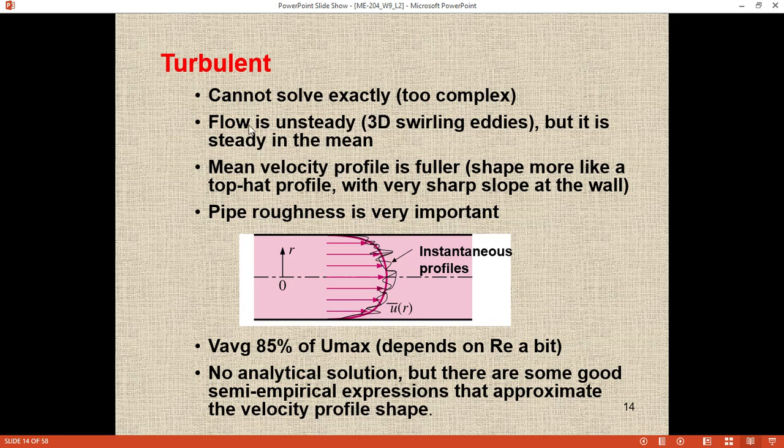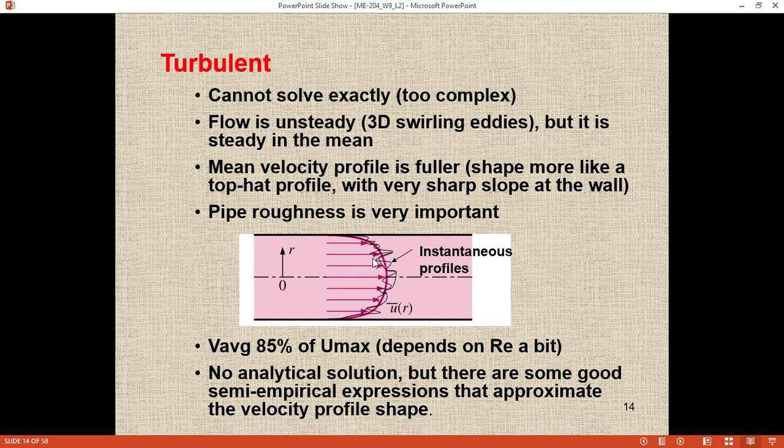So we cannot solve it exactly, it is too complex because the profile is not constant, so we don't know the exact profile of the turbulent flow. So we do not have a proper solution or proper equation to apply, so it is not easy to handle.